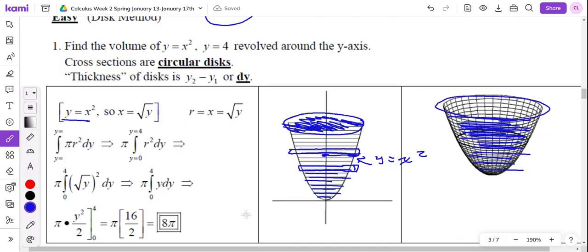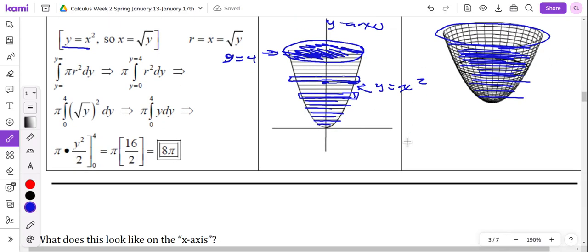So we've got this piece here. It's the volume of y equals x squared, which is our function. And the boundary is y equals 4. So this top part here is y equals 4. Since we're on the y-axis, we need to solve for x.